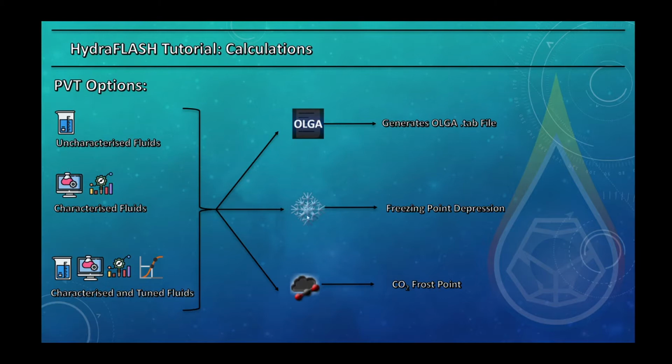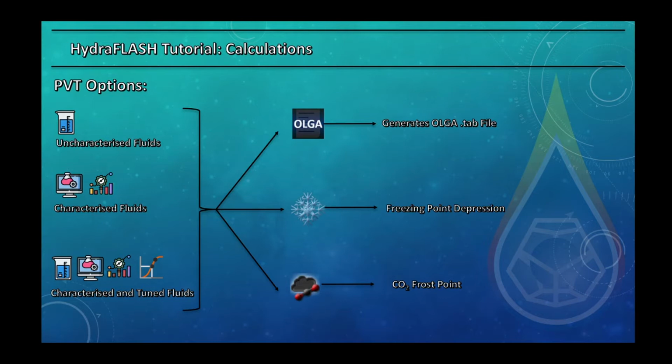This freezing point depression is the depression of the freezing point of water, only water, because of the presence of salt or inhibitors like alcohols or MEG. So if you want to know how much salinity or the presence of alcohols or glycols decrease the freezing point of water, this is different from hydrate stability.